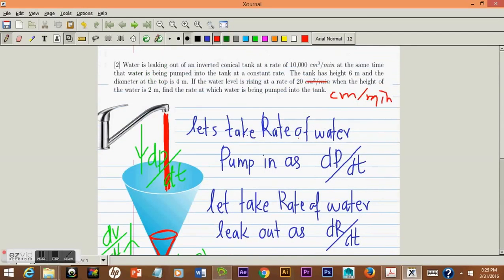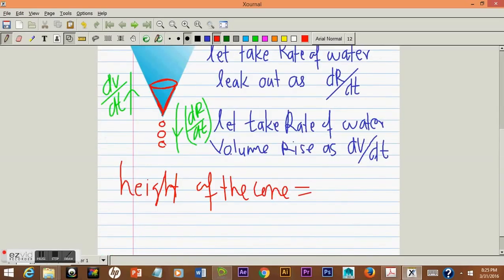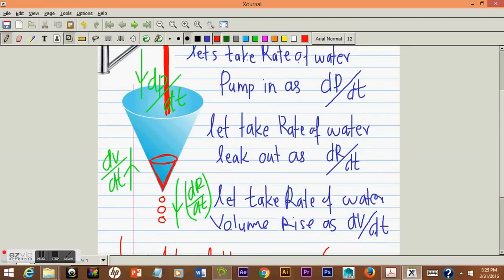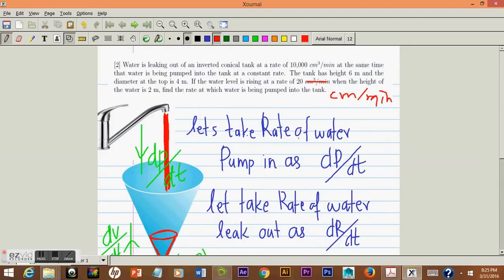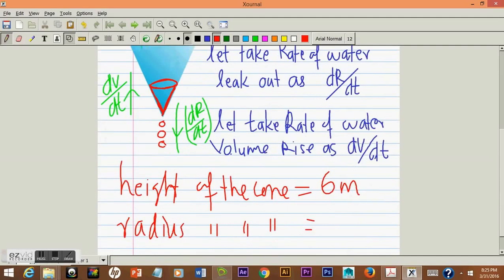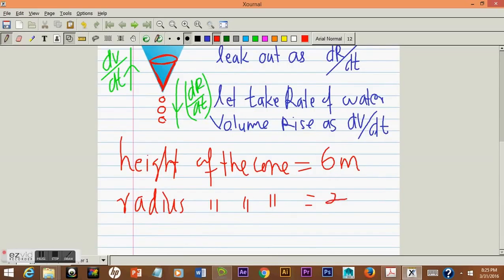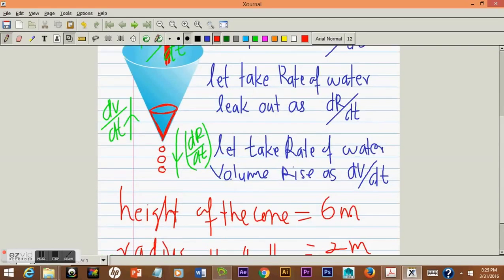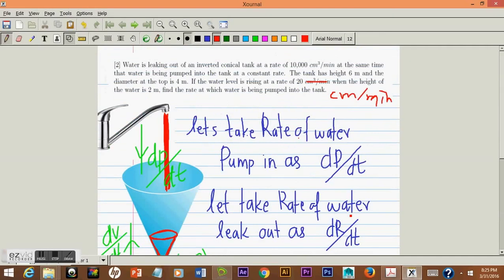Let's take it 6 meters, and we have to mark another piece of data given with the height, the radius. We can't forget the radius also. The radius of the cone is 2 meters because the diameter is 4 meters, so we have to mark the radius as 2 meters.